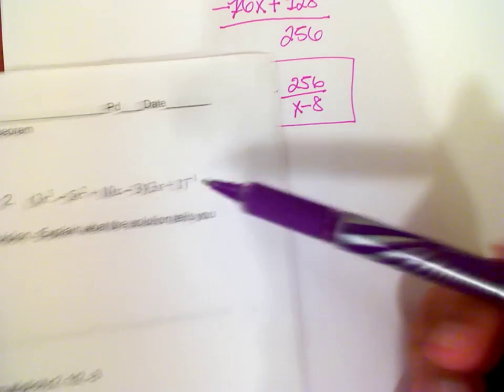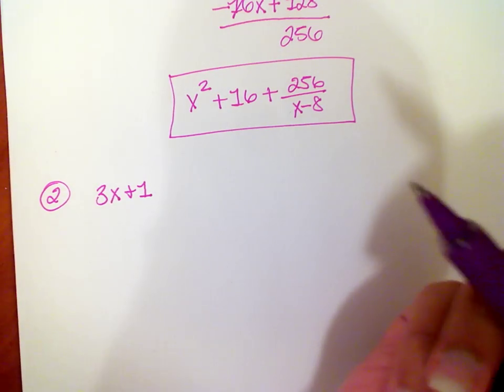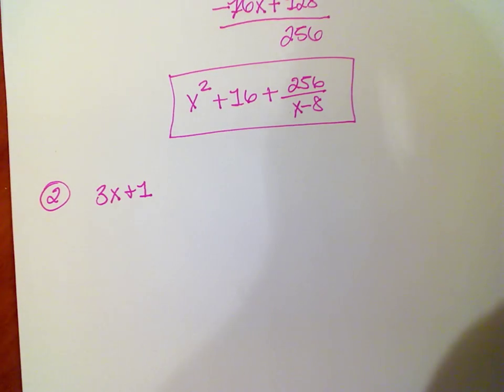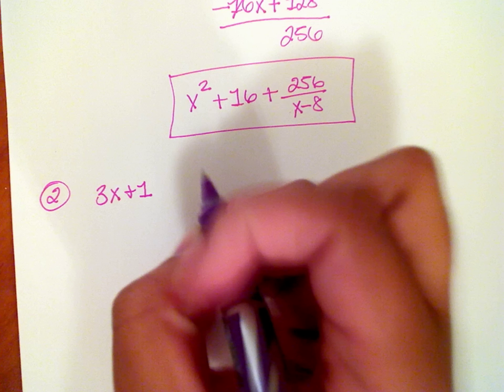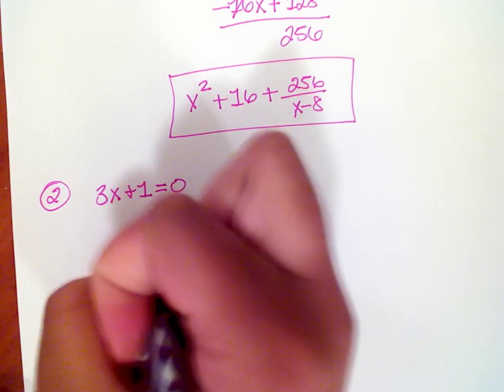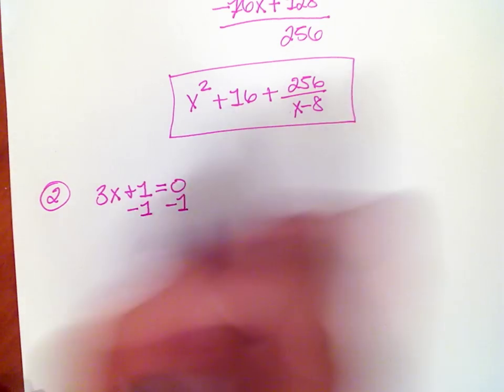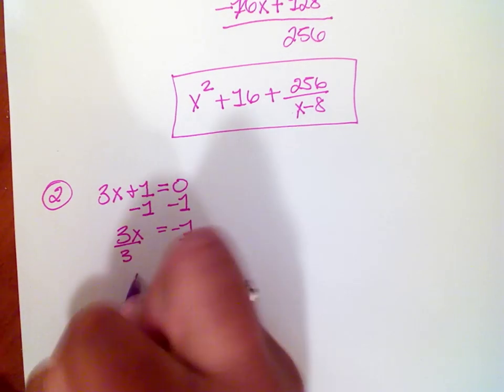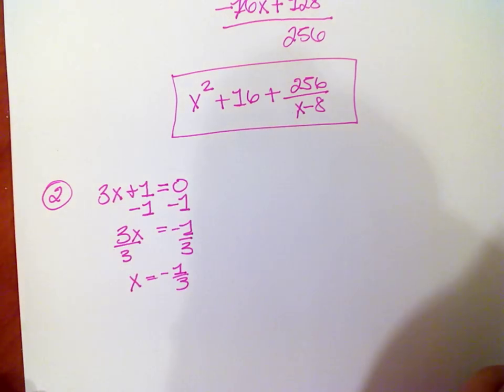So we need to solve for x to figure out what goes in the box for synthetic division. So set your divisor equal to 0 and solve for x. So subtract 1 from both sides and we get 3x equals negative 1. Divide both sides by 3 and we get x equals negative 1/3.